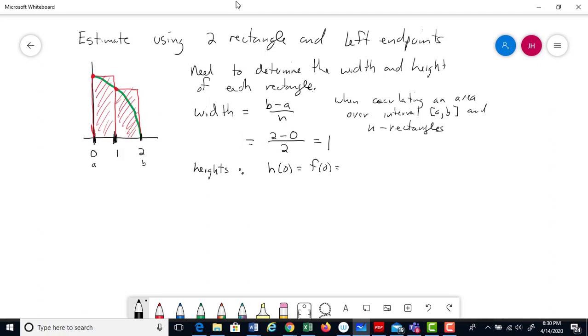So this will be equal to f of 0, which is 1 minus 0 squared. Because remember, f of x, which is equal to y, is equal to 1 minus x squared. So if you want to find the height, you're going to need that green function. So this is equal to 1. And we also have to find the height at the next left endpoint, which is going to be equal to 1. So this is going to be f of 1, which is equal to 1 minus 1.